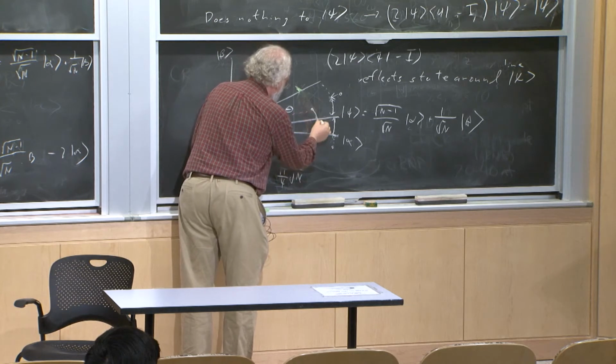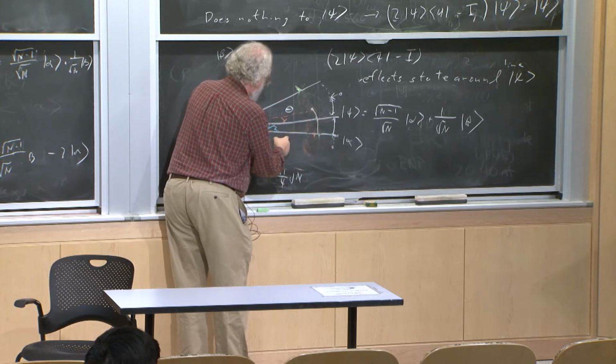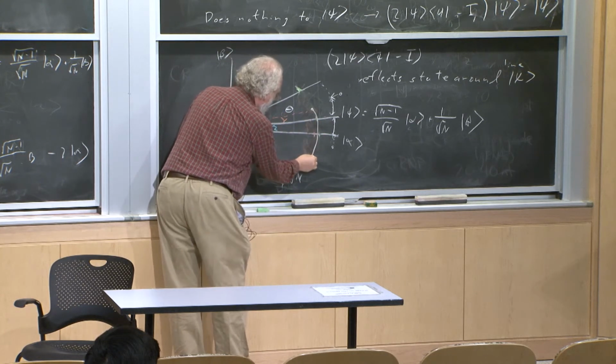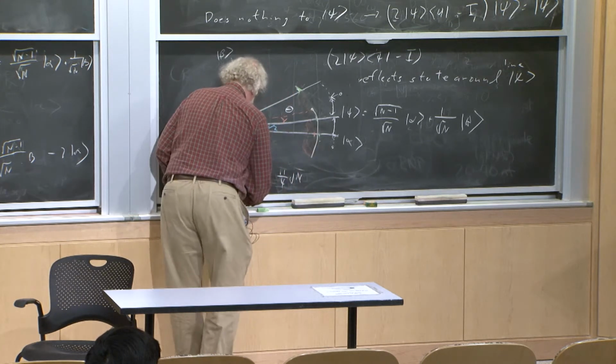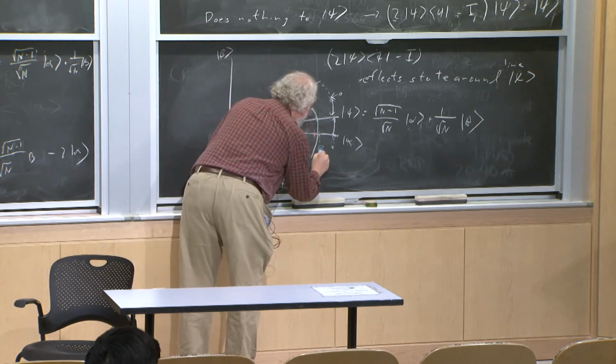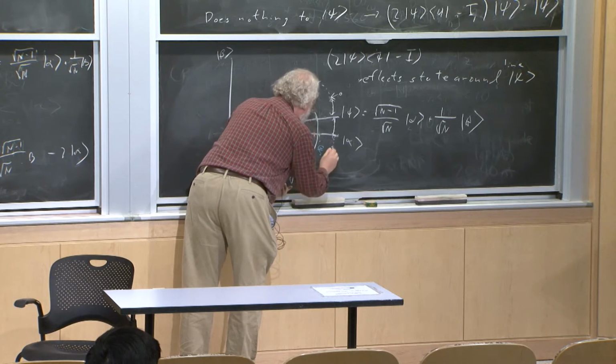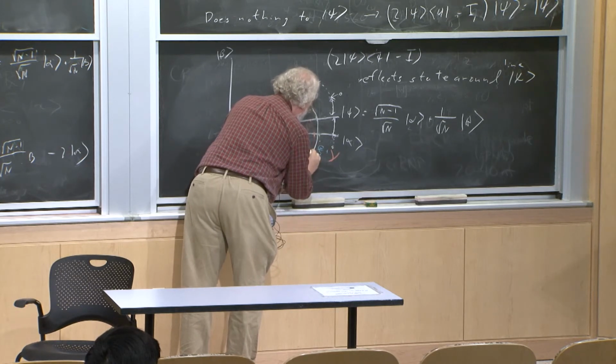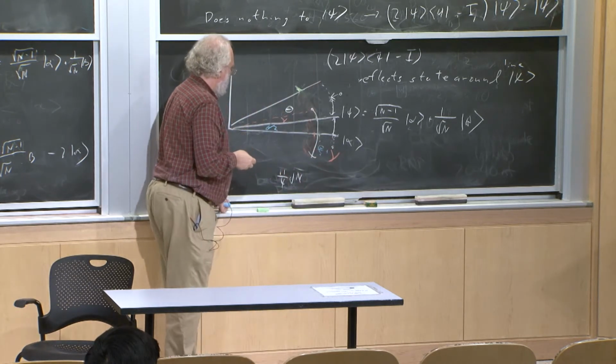Going down, we would have to reflect it around here, so the angle below here would be theta over 2 plus gamma.